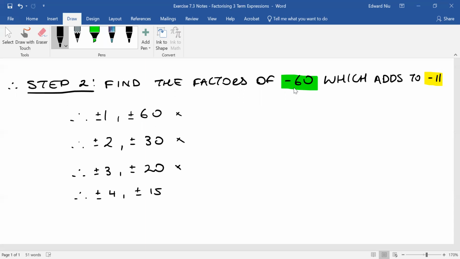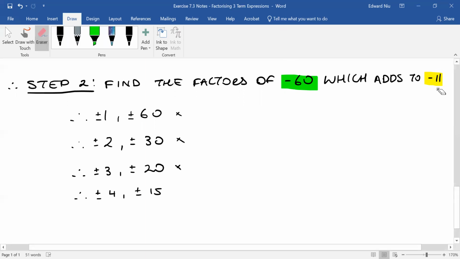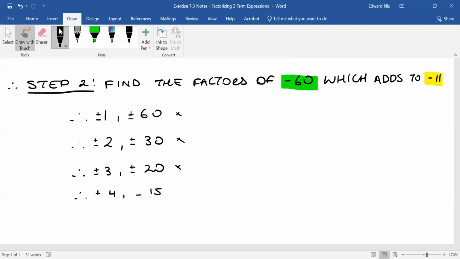Yeah, it is. 4 and 15, we can get negative 11. If we have negative 11, this means we must be further in the negatives than the positives. So we must have a negative 15 and then a positive 4, because positive 4 take away 15 gets us negative 11. So tick, since this equals negative 11.